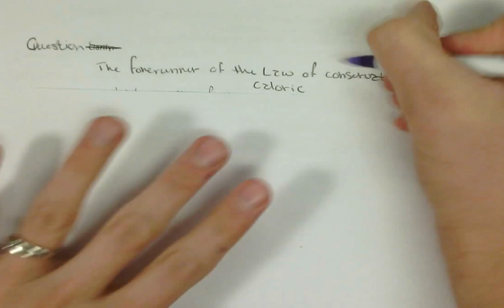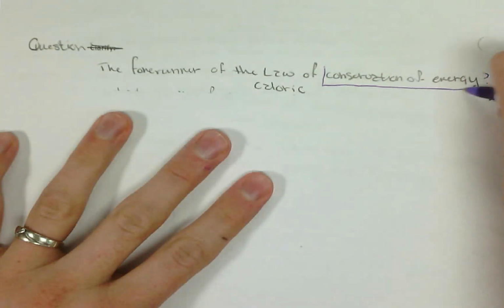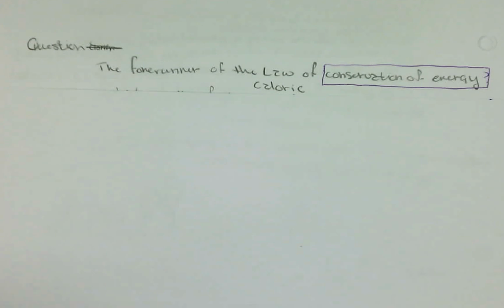But this is the key here: the law is conservation of energy. The first law of thermodynamics is the conservation of energy. If I ask you to explain the first law of thermodynamics and you said it's the conservation of thermal energy, I'd say yes, that is what it is. It doesn't have to be a complicated explanation.